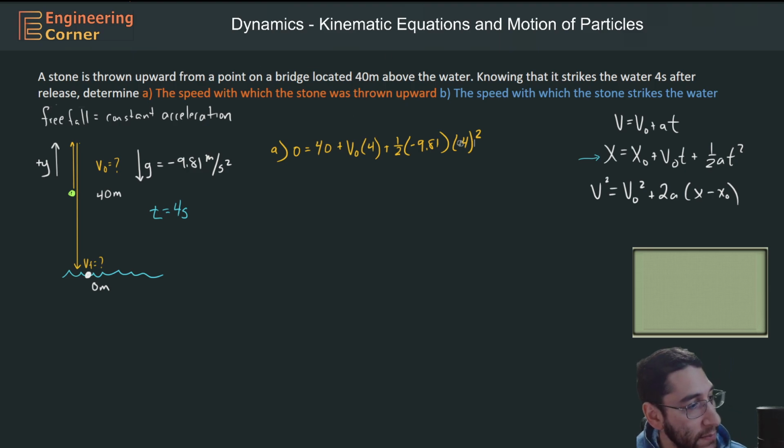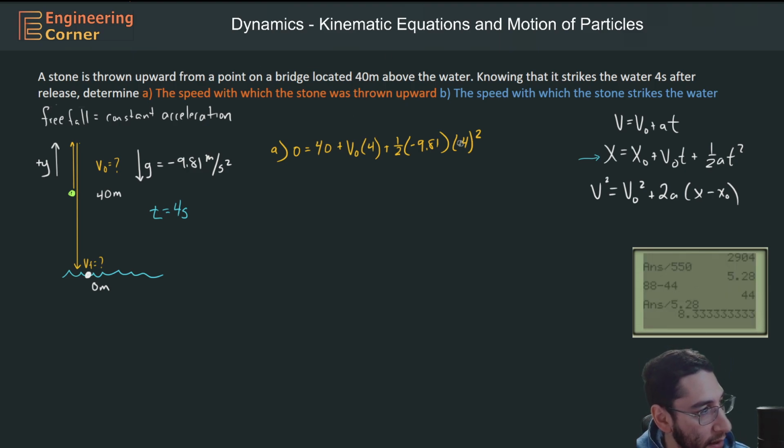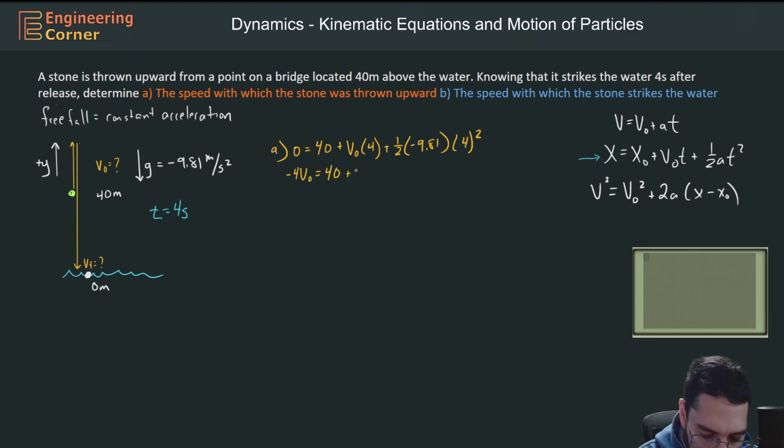All right, so let's put this in the calculator. We need to solve for this v naught. So really, this comes to the other side. So minus 4 v naught is equal to 40 plus 1/2 times minus 9.81 times 4 squared.